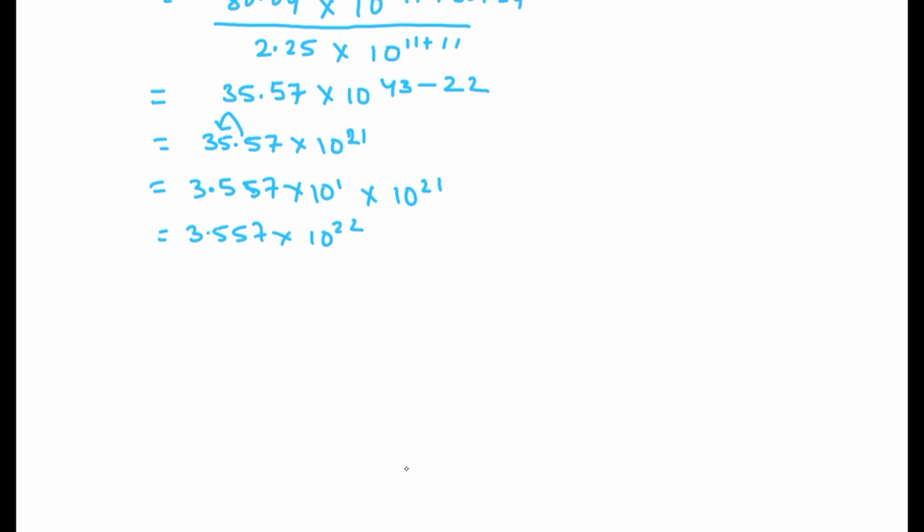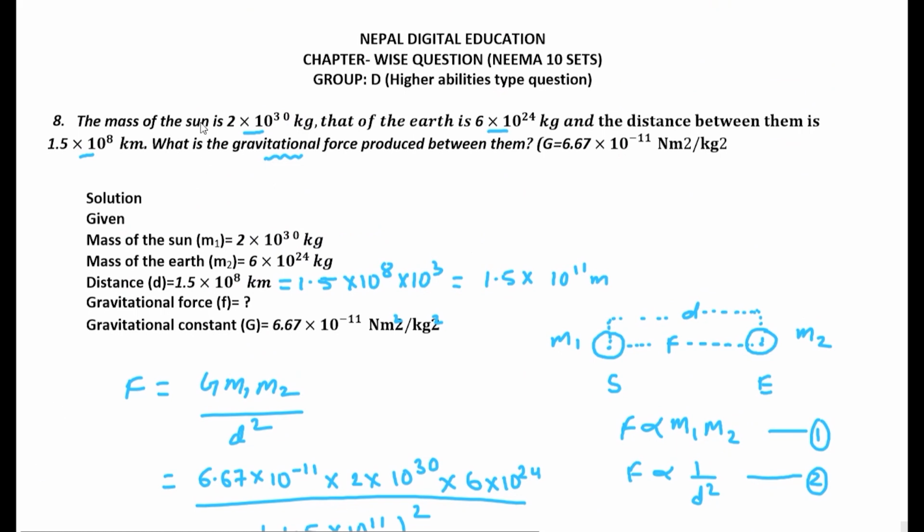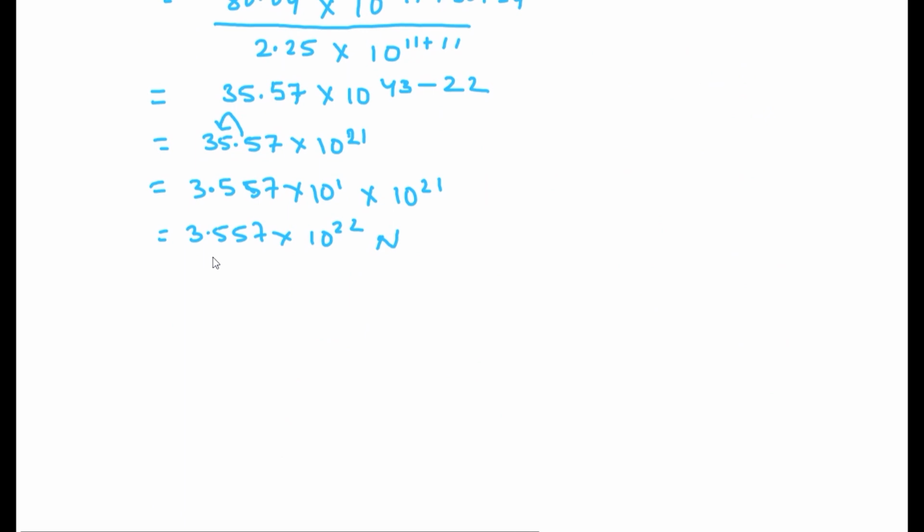This is the required value of force, and we know that the unit of force is Newton. So the gravitational force produced between them is F equal to 3.557 into 10 to the power 22 Newton.